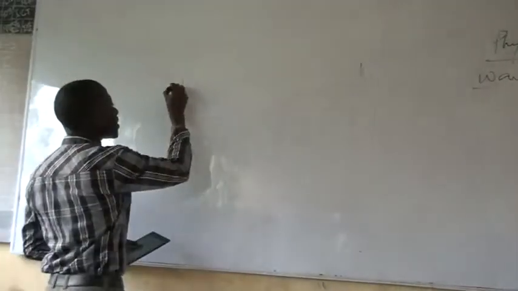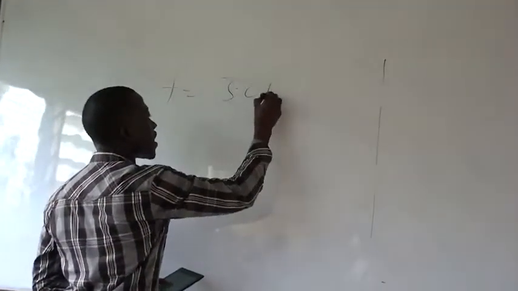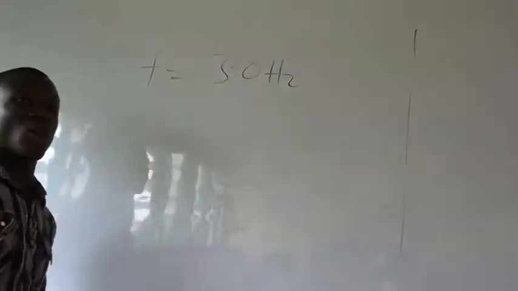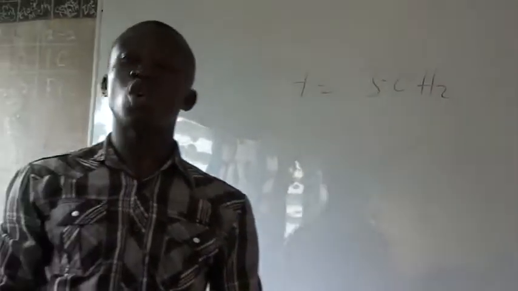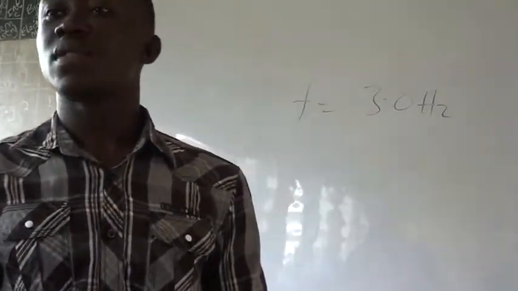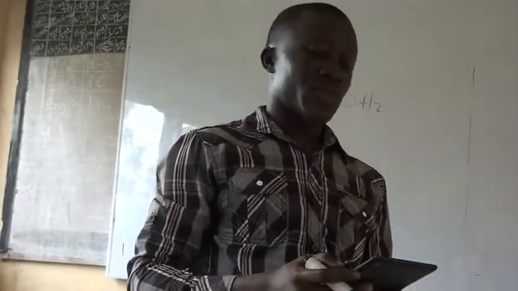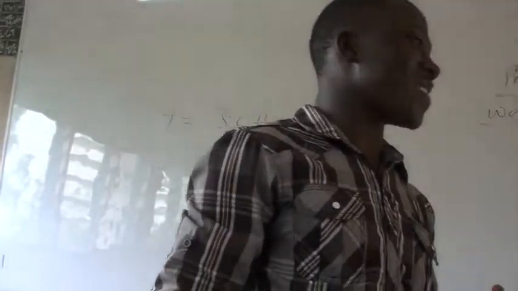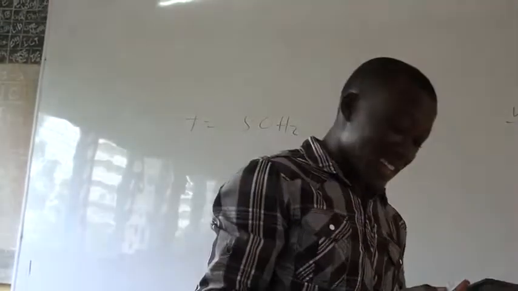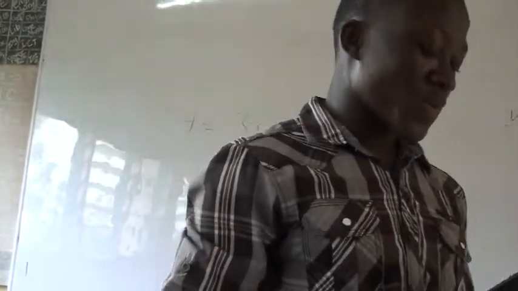Alright, so frequency is 3.0 Hertz. What else do we know from the question? Time. What sort of time is that? Read the question well and tell me the time that particular number is referring to.